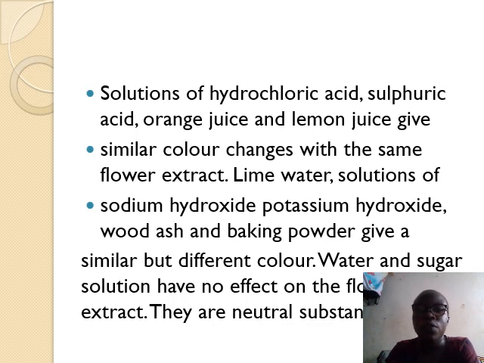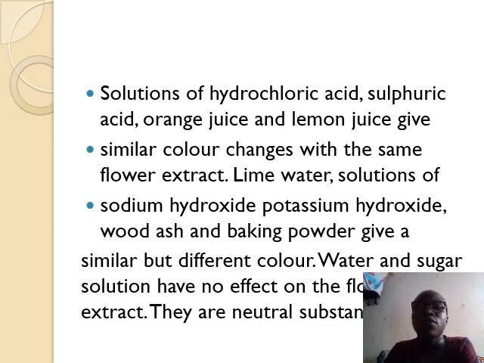So according to the observations, solutions of hydrochloric acid, sulfuric acid, orange juice, and lemon juice give similar color changes with the same flower extract because they are all acidic.